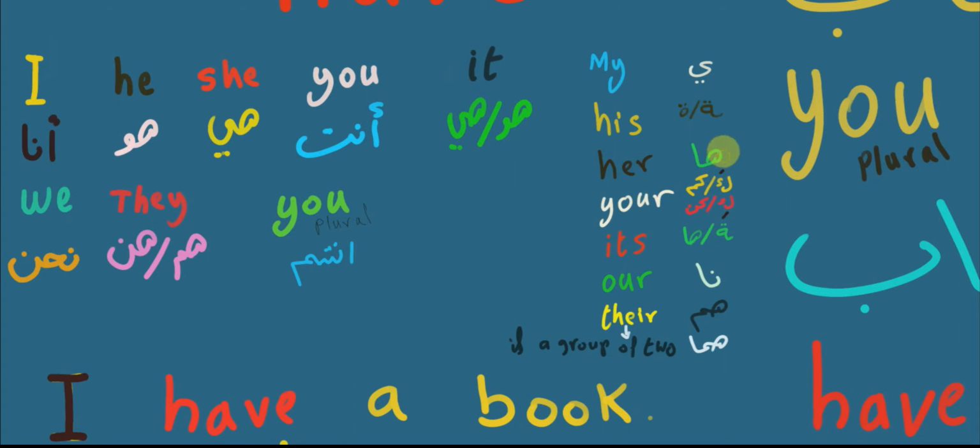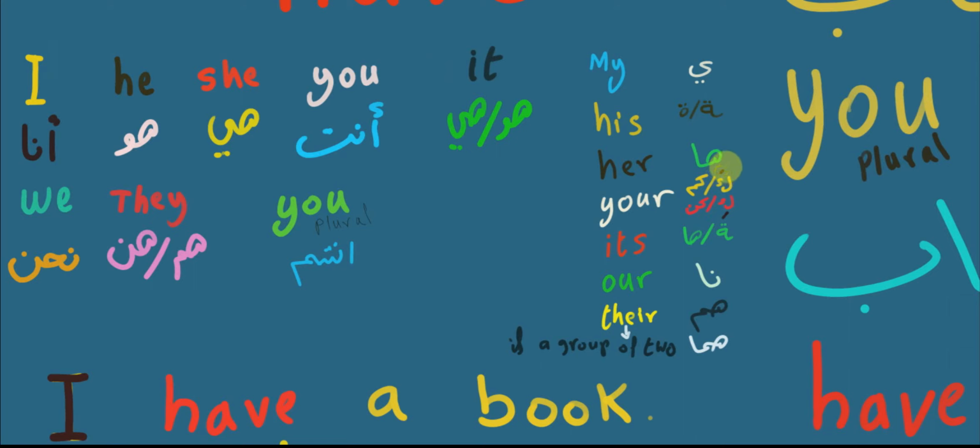Also, it could be connected. Usually it's connected, so that's why it's written like this, the ha. Your, for second person singular, it's ka. You see this black mark here, scratch here, it's like a fatha.